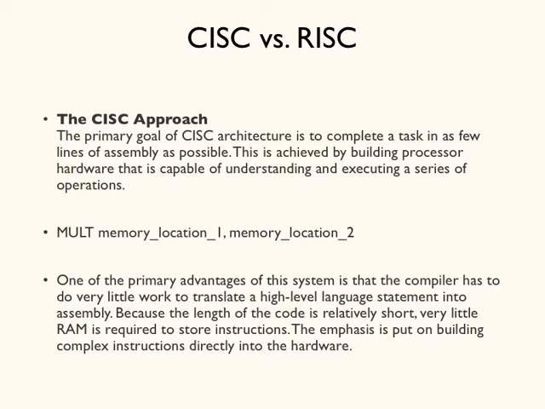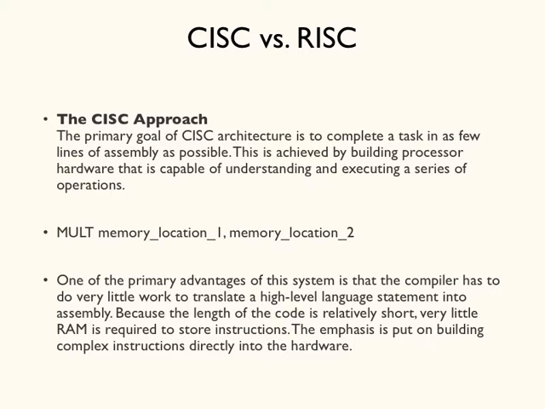However, there are also some disadvantages of this approach. First, it costs a lot of power. That's why RISC-based solutions, like ARM-based solutions, are more popular in mobile platforms because they save energy.